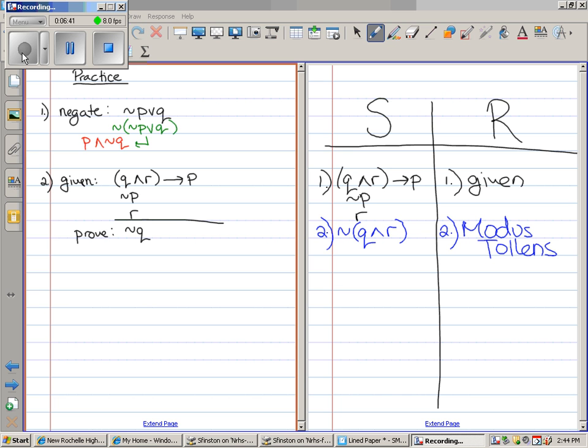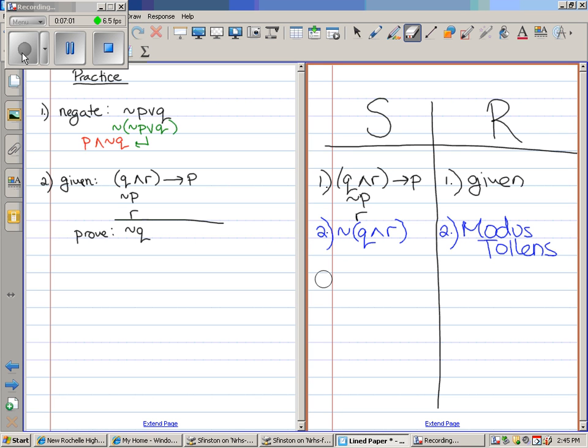What's next after there? Any ideas? Ben. Yeah, we're going to do DeMorgan's law. Do you see how there's a little tilde symbol outside of this? Ben, when you tell me you're going to use DeMorgan's law, what do you get? What would you write down?